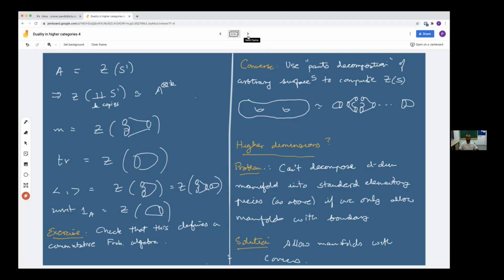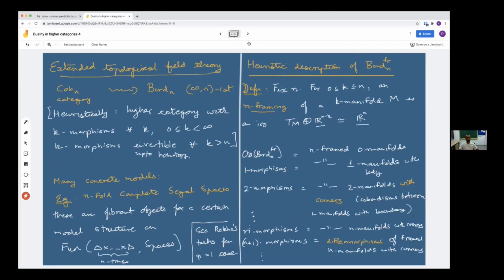There's just one kind of simplex, or even if I allow some kind of tessellations, I can allow just finitely many shapes. So that's roughly the idea. So you allow manifolds with corners, and that puts you in the world of higher category theory automatically. Because if you want to decompose your manifolds, not just in one direction by chopping, so that you have compositions, but you want to allow manifolds with corners, then you're allowing yourself to break it into pieces which have to be put together in many directions.